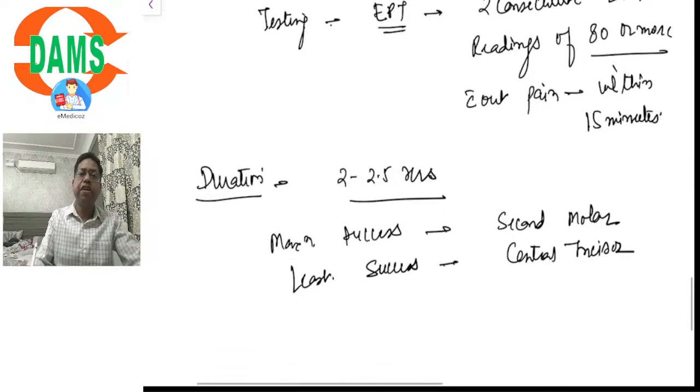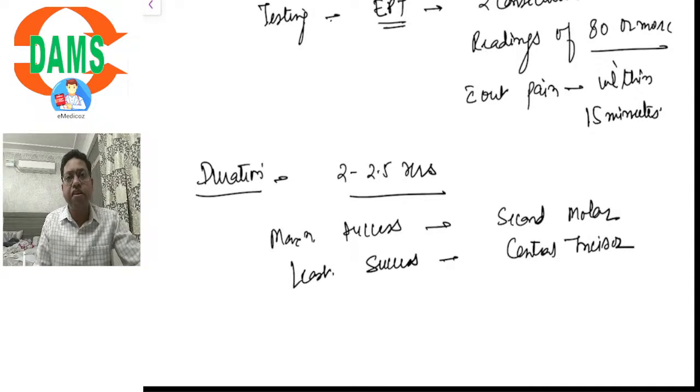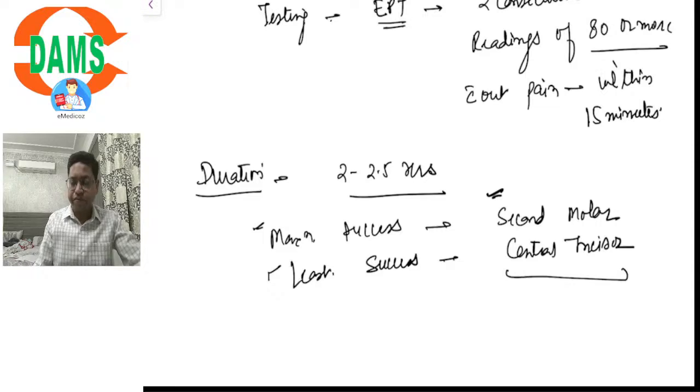We would be giving the inferior alveolar nerve block on the respective side of the mandible. So the most successful chances are with the second molar, least successful with the central incisor.